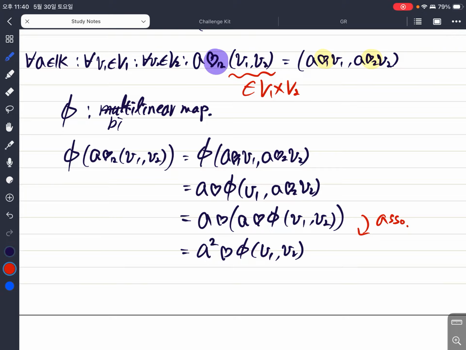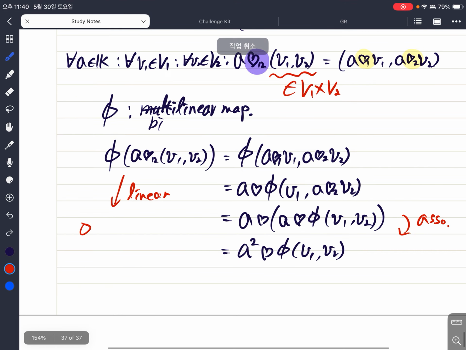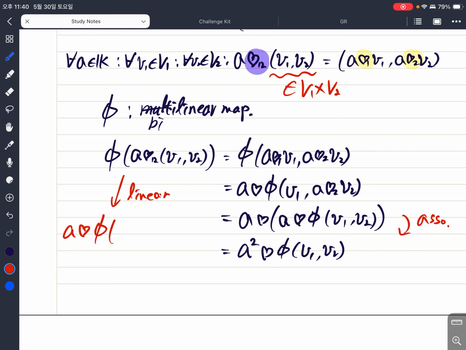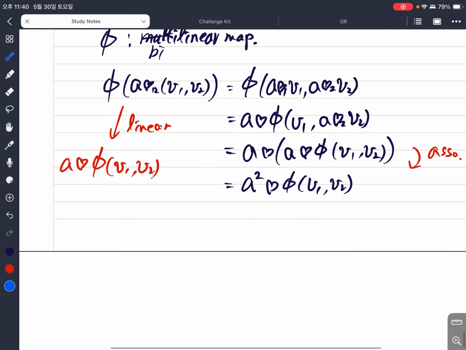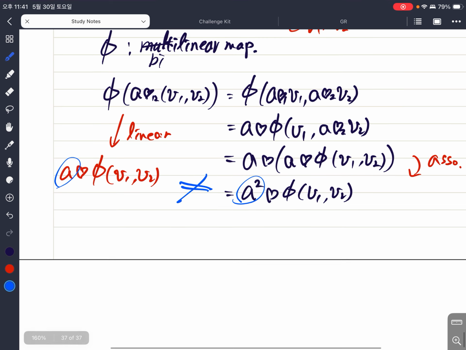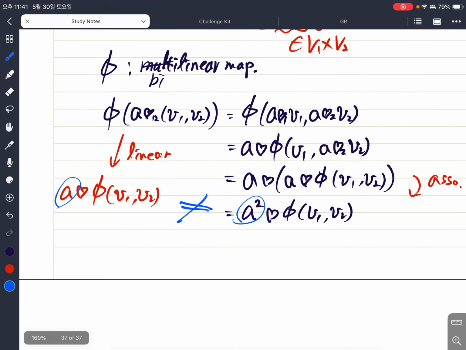But for a linear function, this should be a times phi of v1 comma v2, because scalar multiplication just needs to come out. Definitely these two are different, because one is a squared and the other is a. So bilinear is not a linear map.